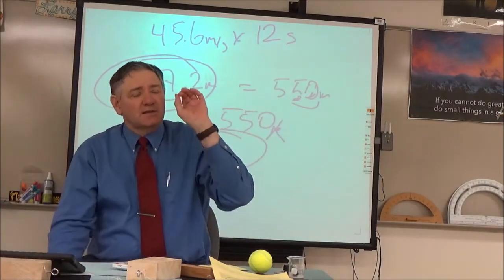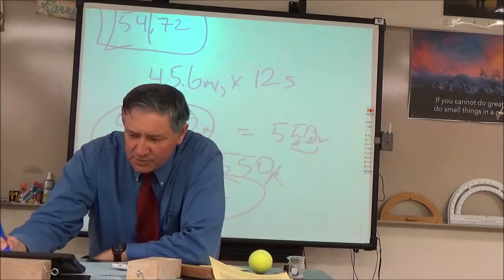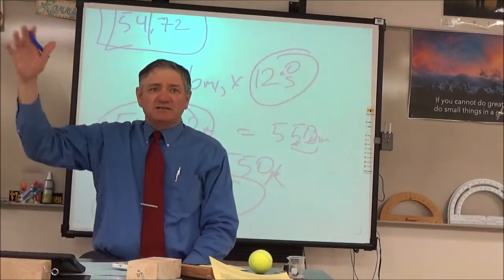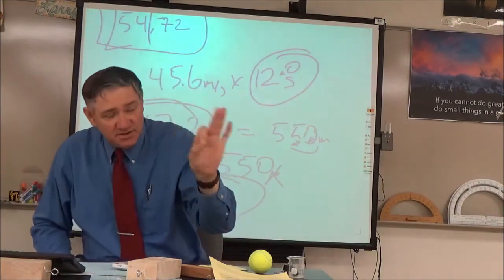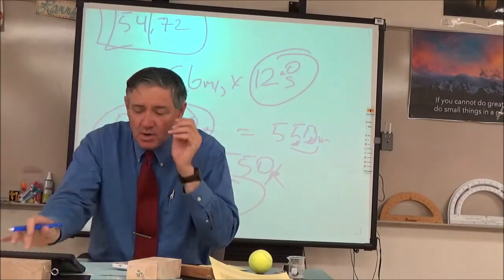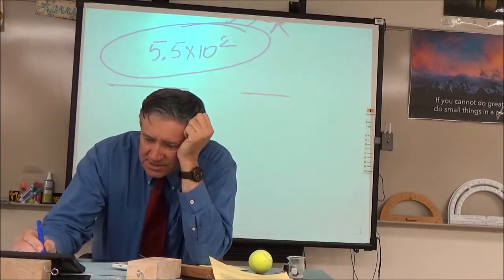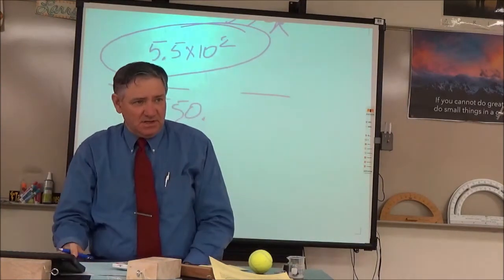So you can either write it as 550, or you can write it as 5.5 times 10 to the second. Now, let's say that had been 12.0 seconds and you actually needed 3 significant digits. So there's 3 ways you can handle that. One option is that you write it as 550 and you put a decimal place on the end of it.